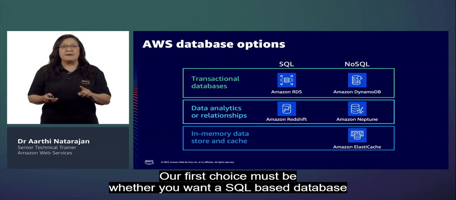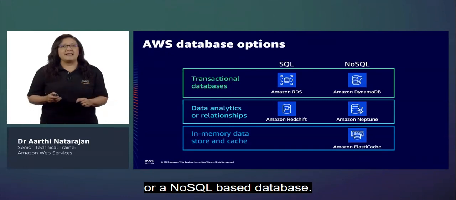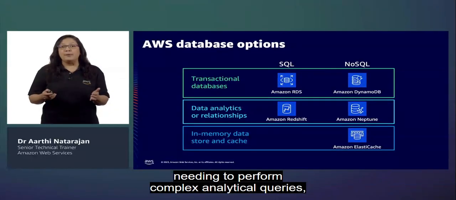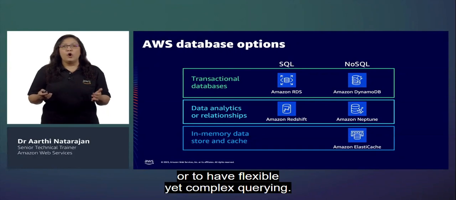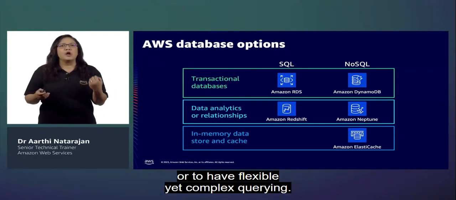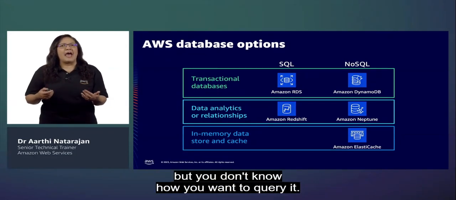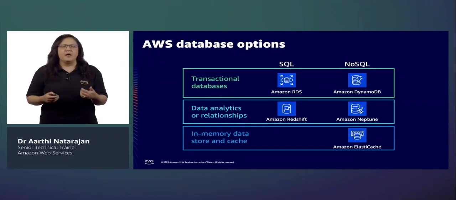Our first choice must be whether you want a SQL-based database or a NoSQL-based database. SQL databases are great when needing to join tables, needing to perform complex analytical queries, or to have flexible yet complex querying. Maybe you know what your data looks like, but you don't know how you want to query it.